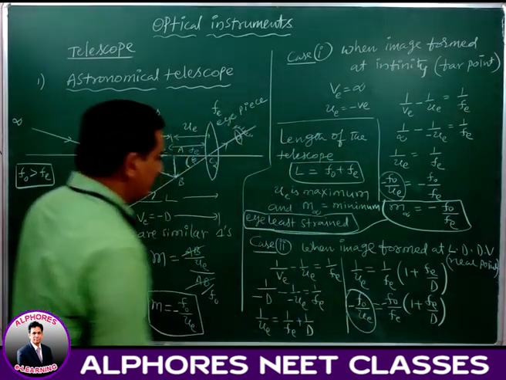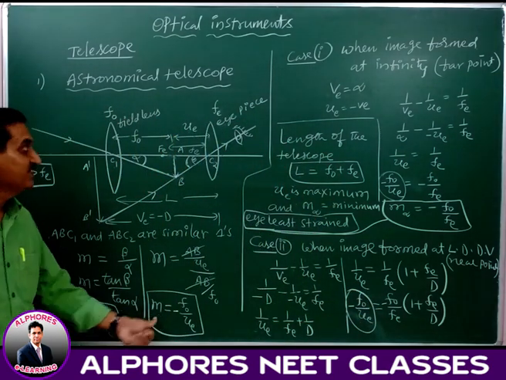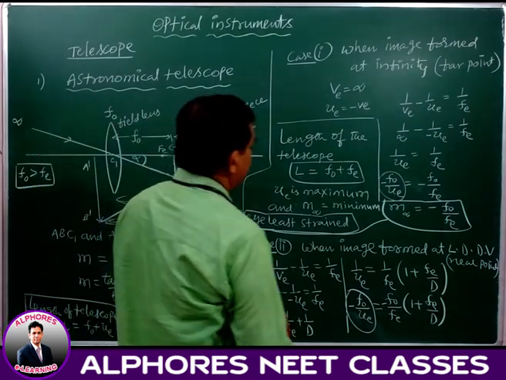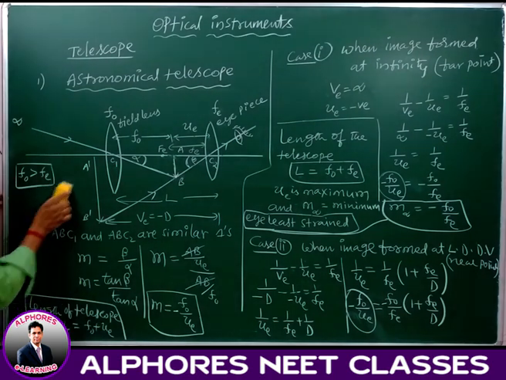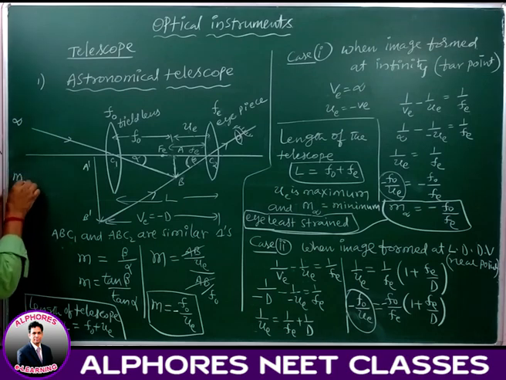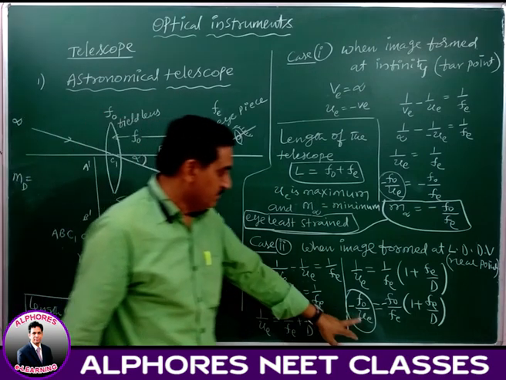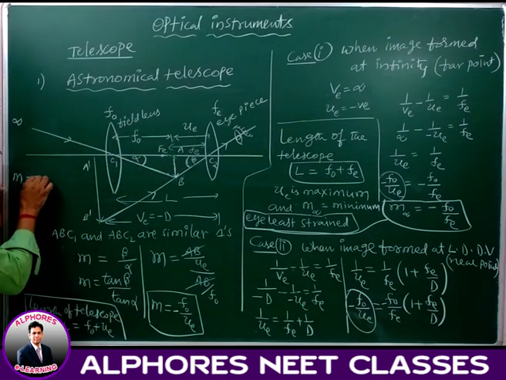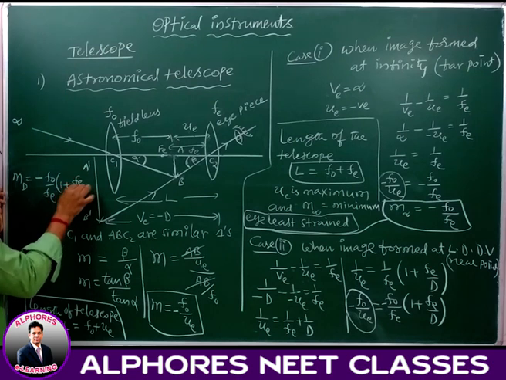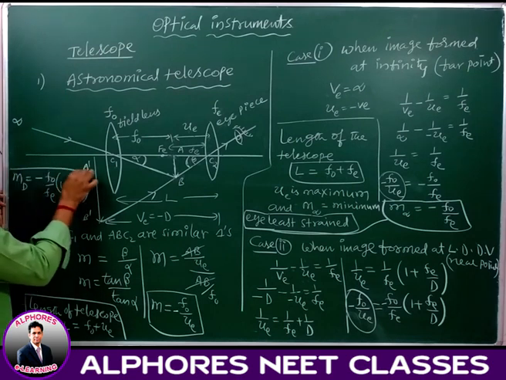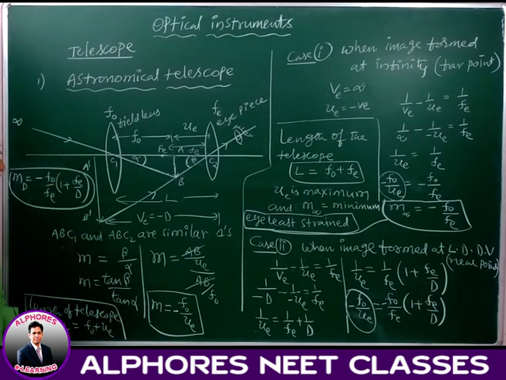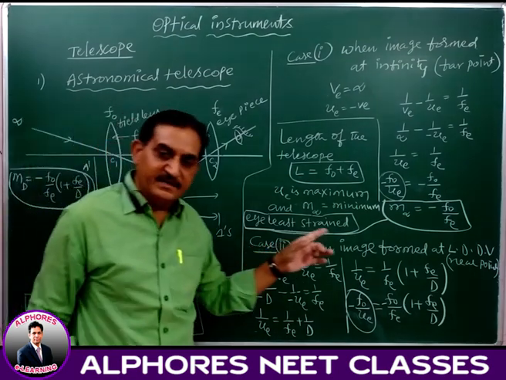Then finally the magnification M at LDDV is equal to minus F naught by FE into 1 plus FE by D. So this is the magnification of the astronomical telescope when the image is formed at LDDV.